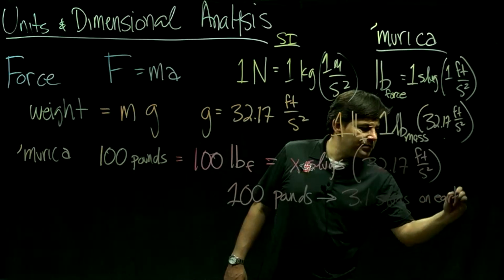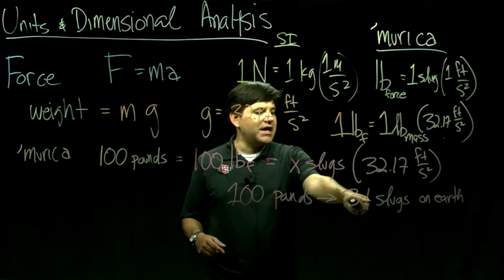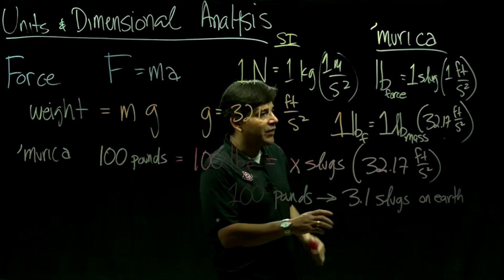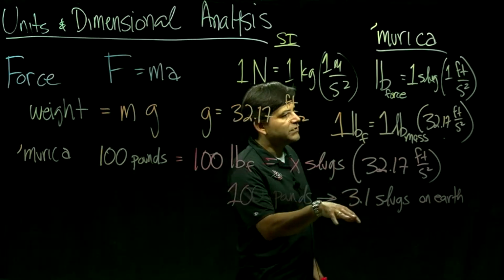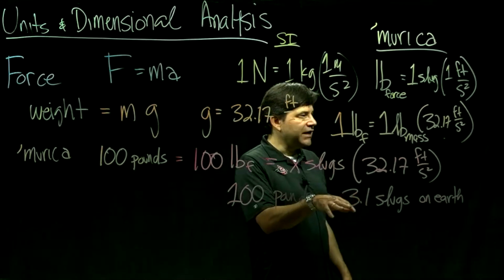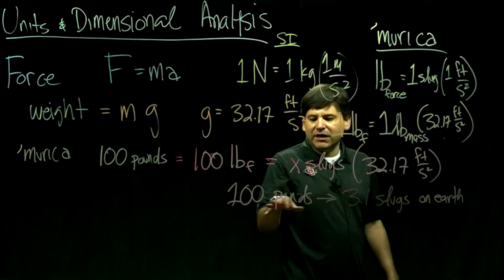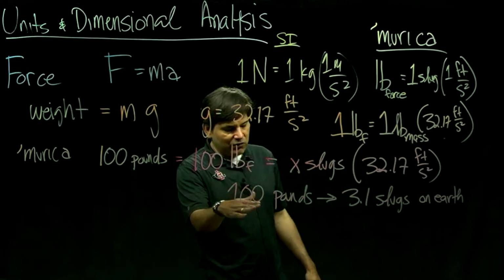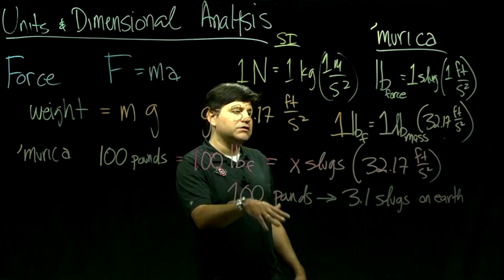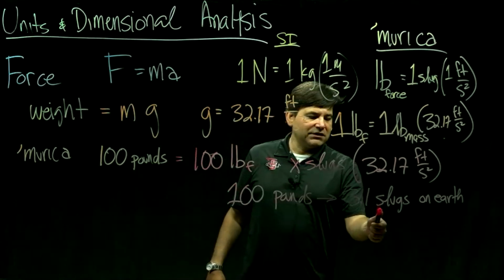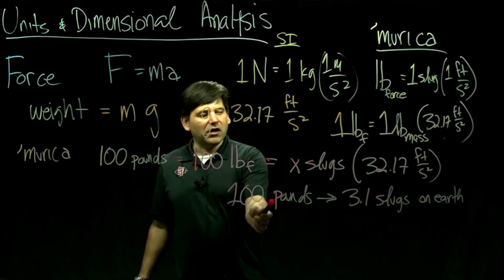And the mass would not change depending on where you are in the universe. 3.1 slugs is the same mass. But depending on your gravitational field, you might get a different weight depending on where you were in the universe. And so 3.1 slugs on Earth would give 100 pounds of weight.